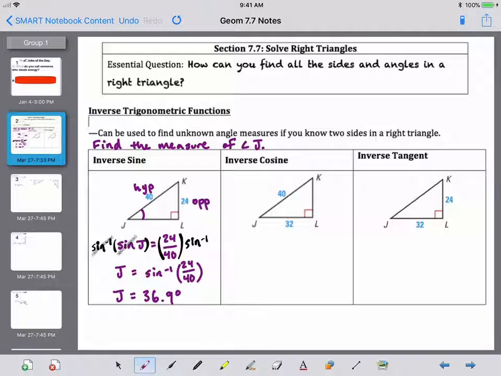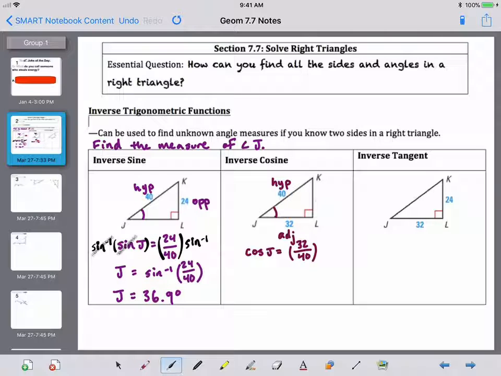All right, let's look at another example. Again, we're still looking for the measure of angle J. Now I have the side adjacent or touching angle J, and I know the length of the hypotenuse. If you recall, adjacent and hypotenuse means we have to use the cosine. So the cosine of angle J is equal to the adjacent, which in this case is 32, over the hypotenuse.